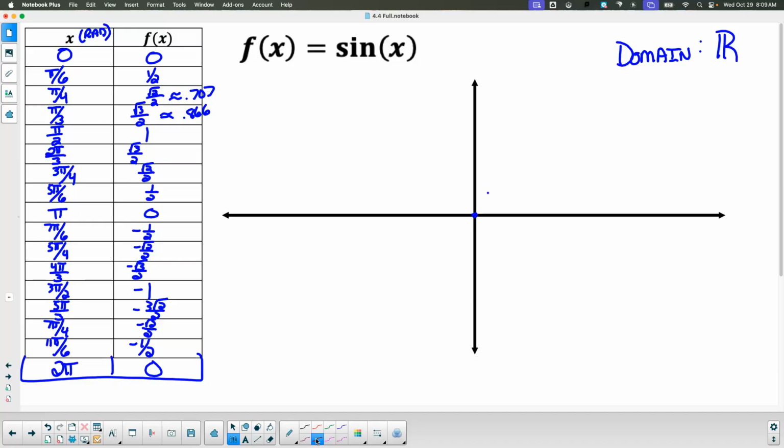Sine curve starts middle. So it starts at your middle line, then it goes high, middle, low, middle. So it looks like this.